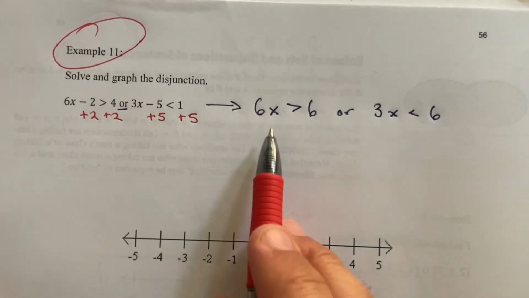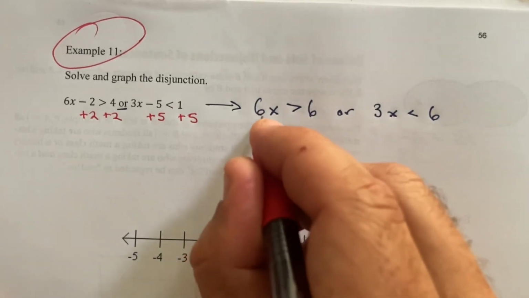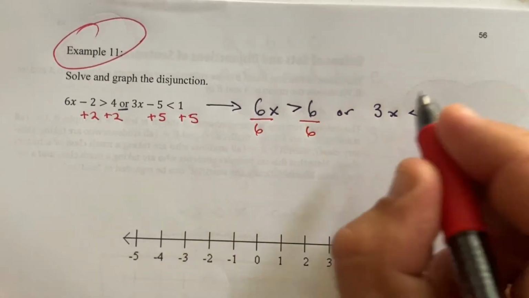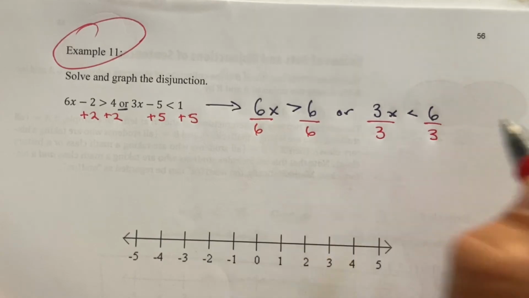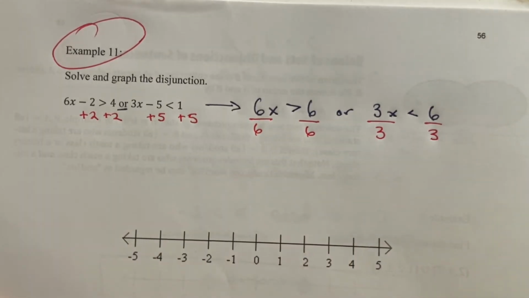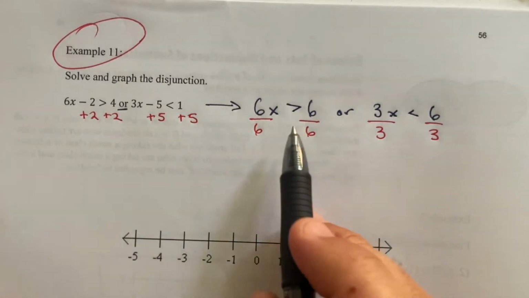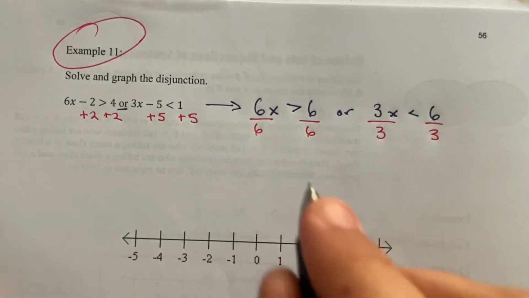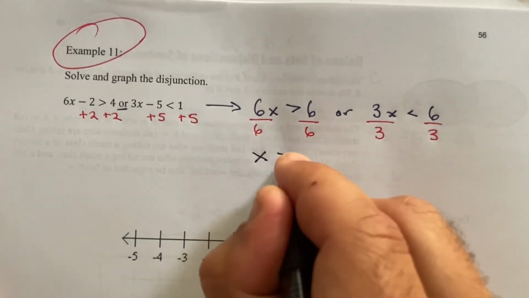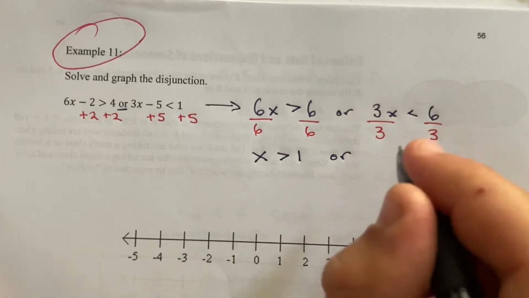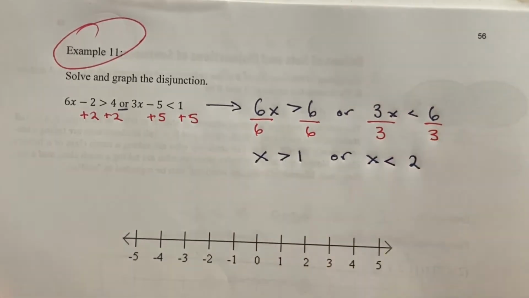Okay, continue to solve. Divide by 6 in this case, divide by 3 in this case. Those are both positive numbers, so neither of these needs to have their inequality symbol flipped. So x would still just be greater than 1, or x would be less than 2.